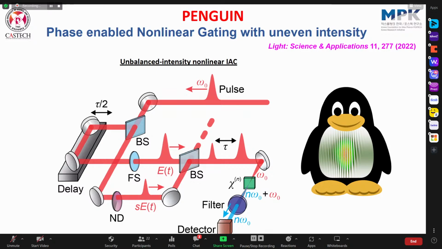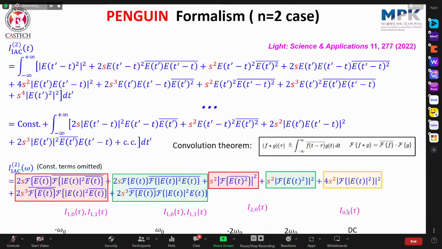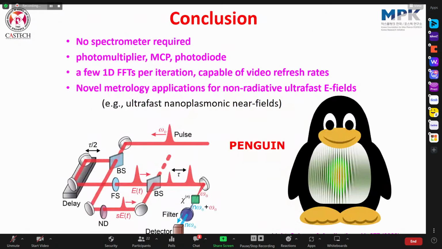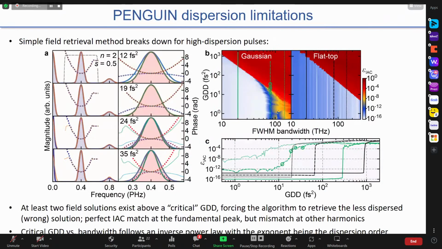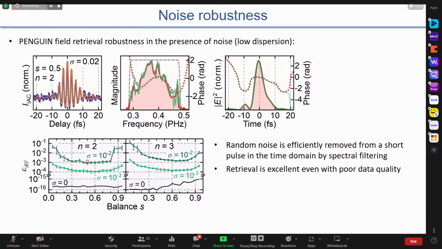Yeah, the signal to noise is a good point. Is there some requirement for how much signal to noise you need to get the reconstruction? Have you looked at it as a function of signal to noise? Yes, we also studied the noise. Here we introduce noise like 2%. Even with 2%, this is the error value.